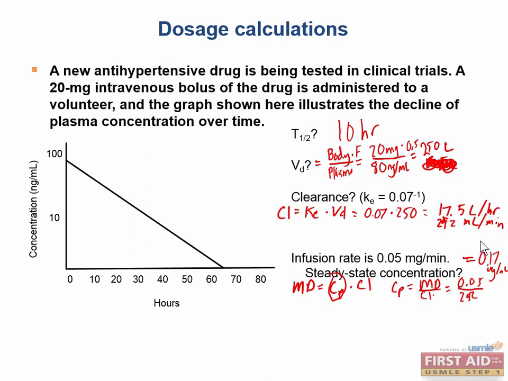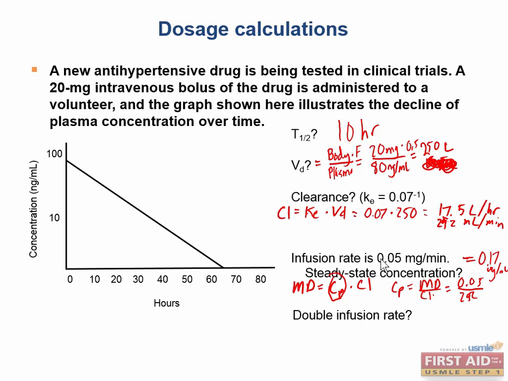So we just did a ton of work to figure out our steady state concentration, given all of these values. We just have to manipulate what we are given. Now my next question is, what would happen to the plasma concentration at steady state if we doubled the infusion rate? Our maintenance dose was 0.05.